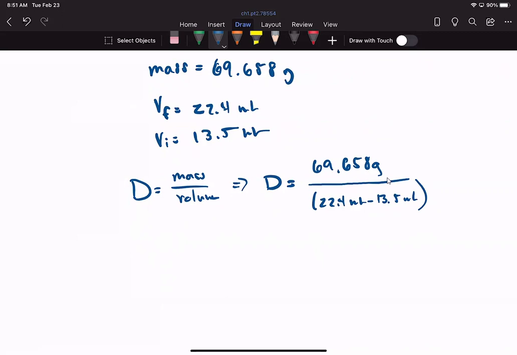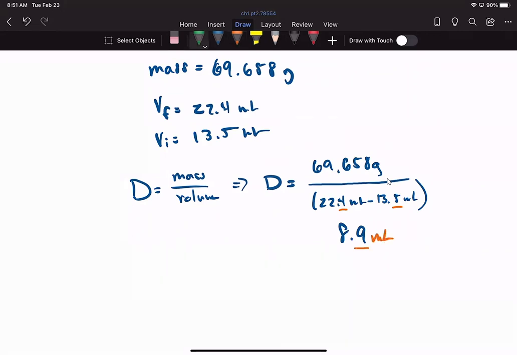So 22.4 minus 13.5, I get 8.9. I use the rule for subtraction, one past the decimal, one past the decimal. My answer is one past the decimal.